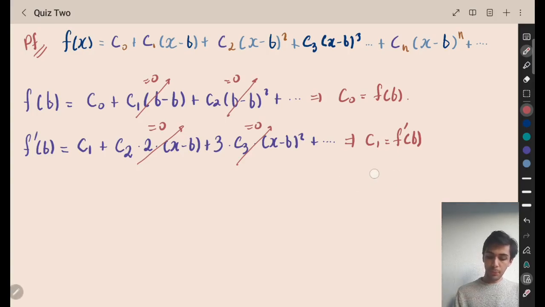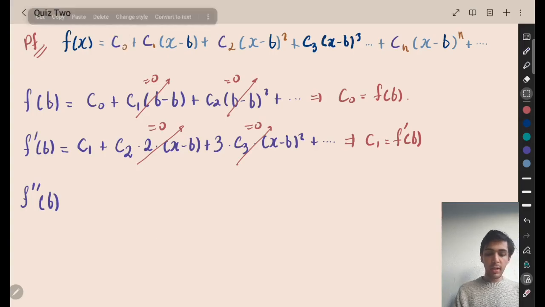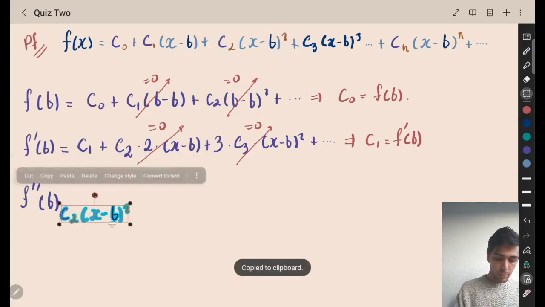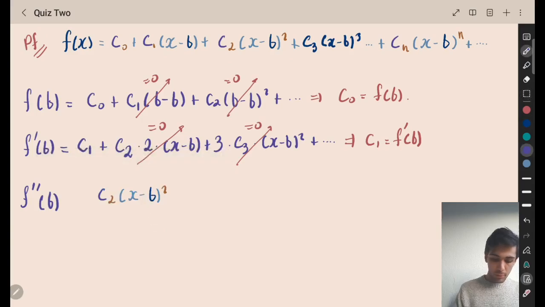Well, let's see. So f double prime of b means that we'll differentiate this thing twice. So this will die off, and that will die off. This will survive.